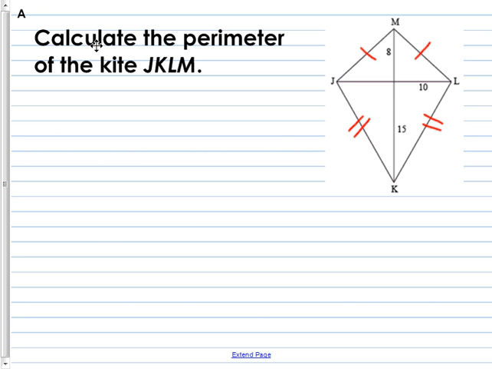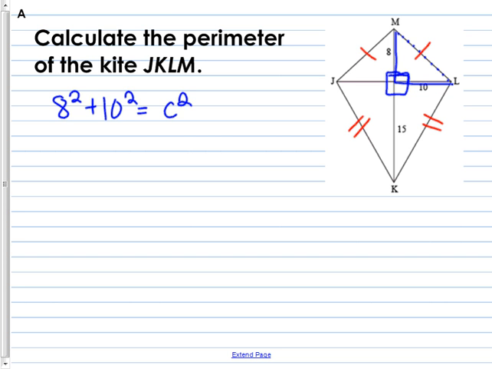So first up, in the kite, the diagonals are perpendicular. They form right angles. So we can use the Pythagorean Theorem to find the third side. To find ML, I can do 8 squared plus 10 squared equals C squared.